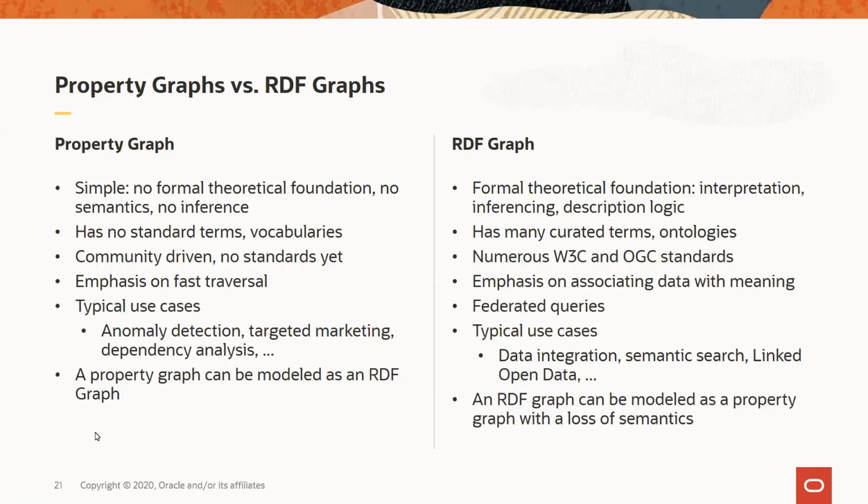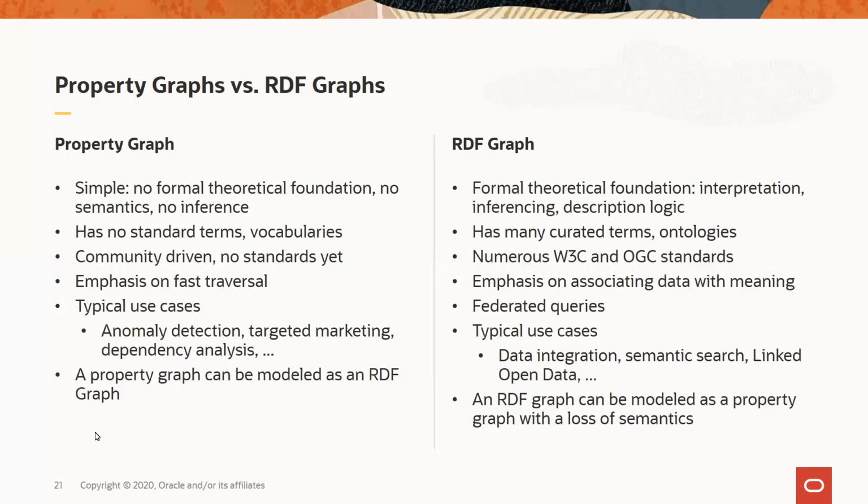Also, property graphs are younger in the sense that they've only become popular a couple of years ago, as opposed to the semantic web, which has been around since 1999 when Tim Berners-Lee first coined the term, which means that at the moment, at least for the time being, we don't have any standards.